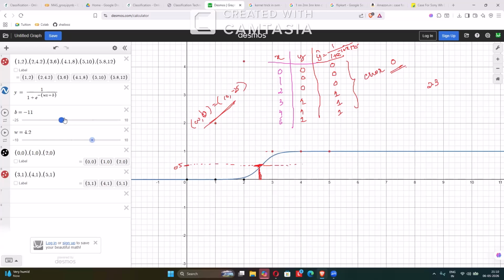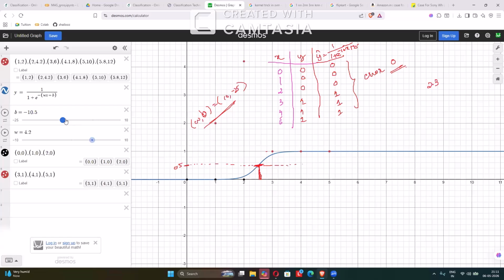The curvy nature, right? So here, for 2 and 3, we are not exactly getting mapped to 0 or 1. The 3 is not exactly 1, it's near 1. And for 2, it is not exactly 0.